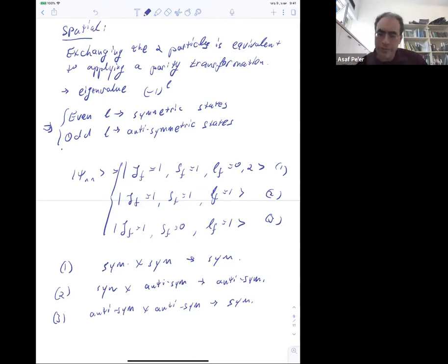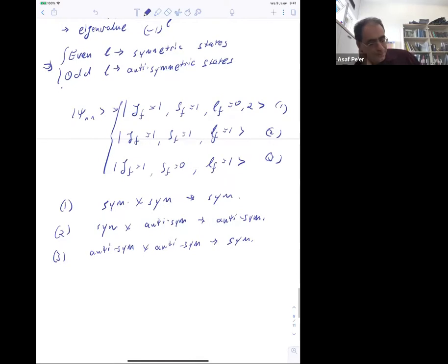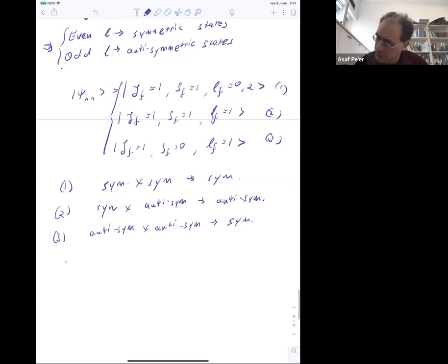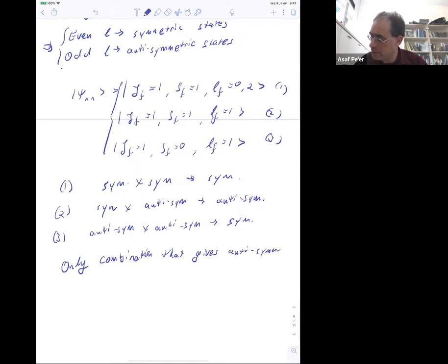So the only combination which gives us an anti-symmetric wave function that can describe the two fermions, the two neutrons, is SF equal to 1 and LF equal to 1.